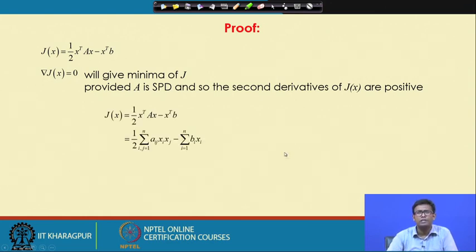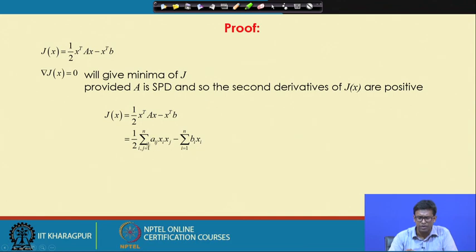So, now we write J(x) is equal to half of x transpose A x minus x transpose b. If we expand it, this term is a particular row of A, multiplied with x_i and x_j, and then all these terms are summed up. So, this is a scalar.